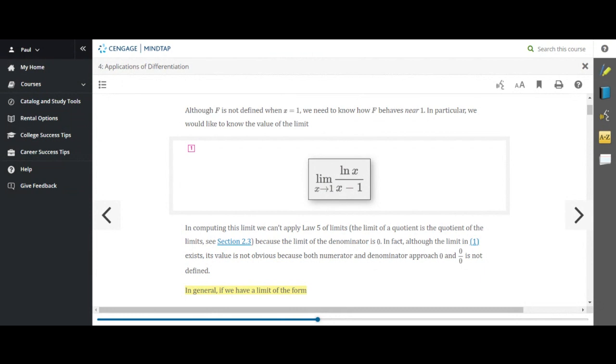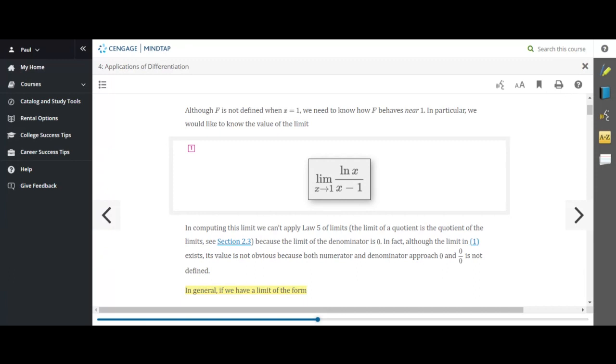So you see, what you have here is a situation where your numerator and denominator both go to 0 as x approaches 1. But that doesn't mean that 0 divided by 0 is equal to 1, and we don't even really know what that means, right?